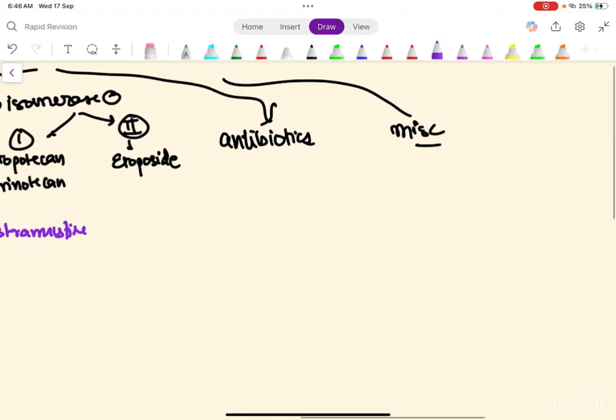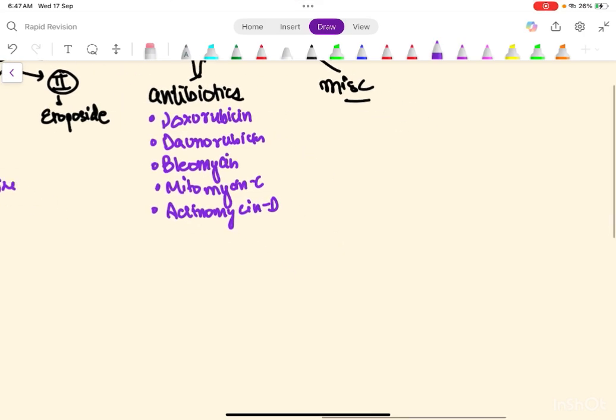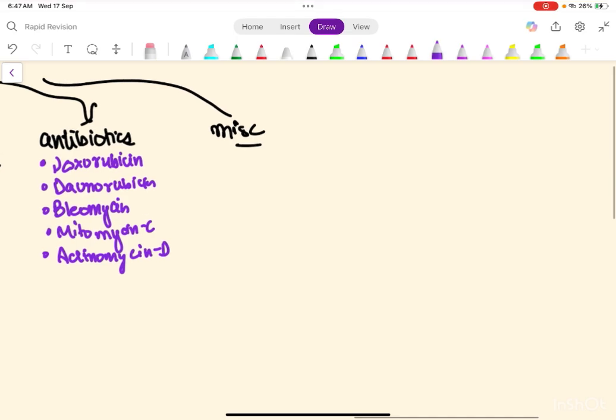Then in antibiotics you can remember doxorubicin, daunorubicin, bleomycin, mitomycin C, actinomycin D. Alright, then coming on to the last one.